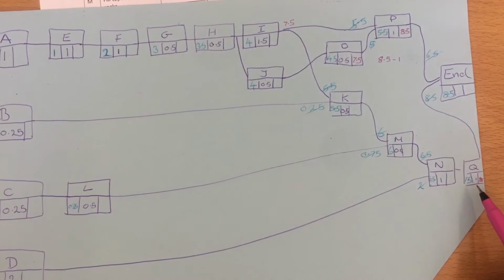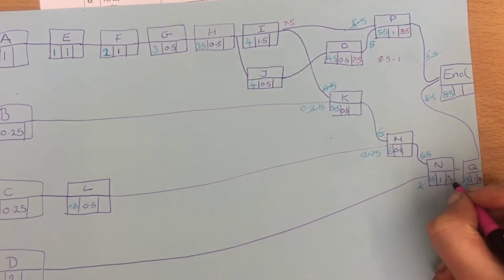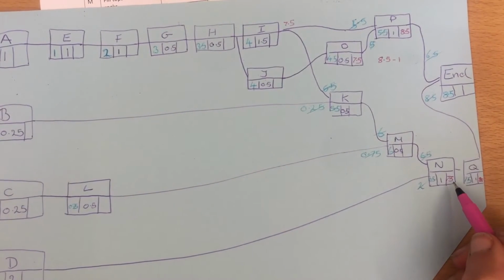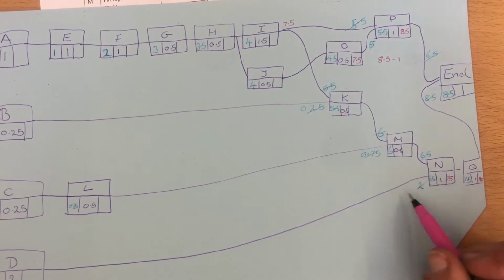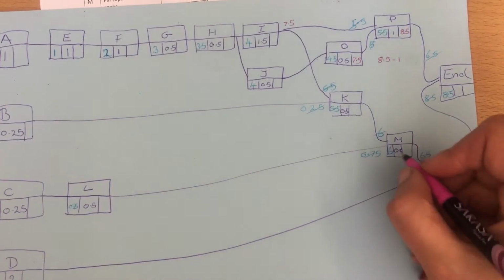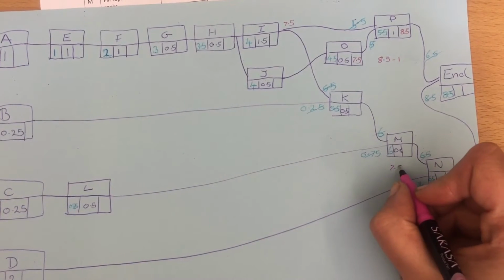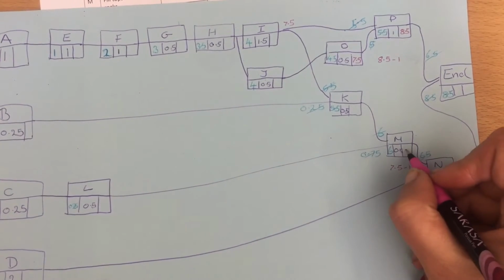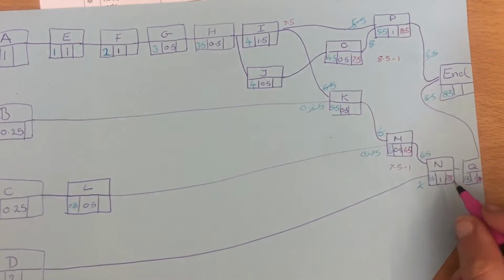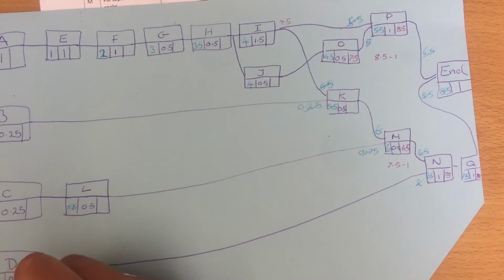So if we come down here, we've got 8.5 take away 1 is 7.5. We've got 7.5 as our deadline. So N is going to need to take an hour. So the deadline they pass forward is going to be 6.5, because 7.5 take away 1 is 6.5. And that's the deadline that they're going to give both people.